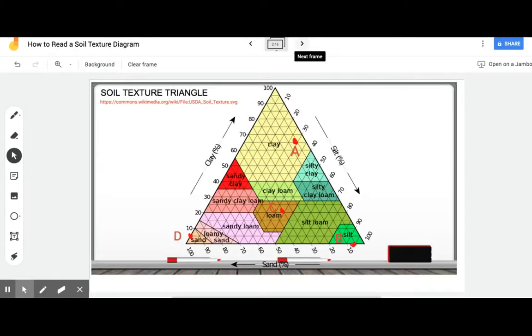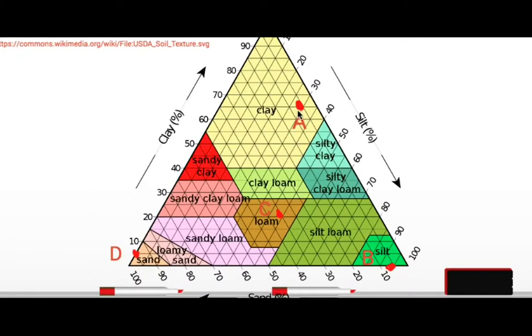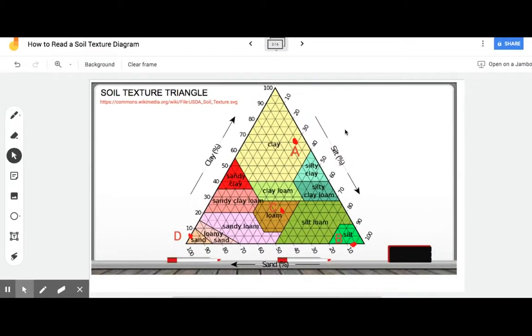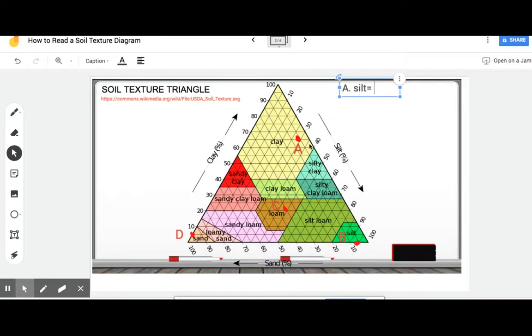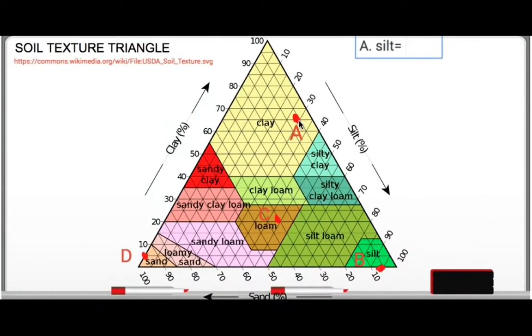Now let's practice how to read the percentage of silt, clay, and sand of A, B, C, and D soil samples using the soil texture diagram. Let's start with A. Silt is 30, so 30%.